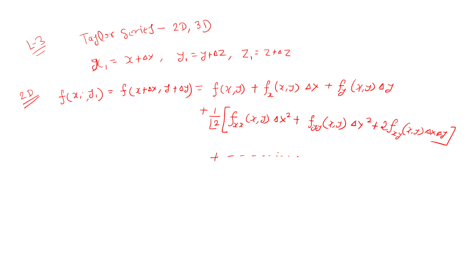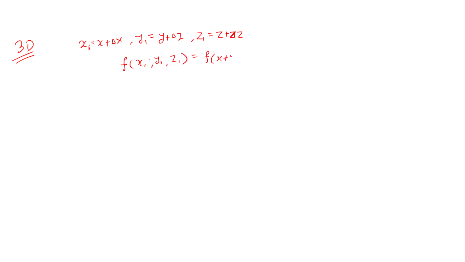Now let me give you the expression in 3D. So in 3D, as I have already indicated, x1 is my x plus delta x, y1 is my y plus delta y, z1 is my z plus delta z. I want to know the function value at x1, y1, z1, that is f of x plus delta x, y plus delta y, z plus delta z.